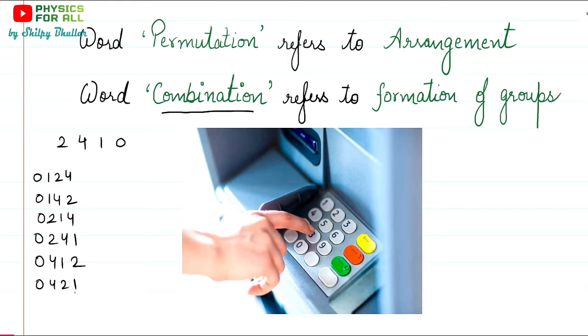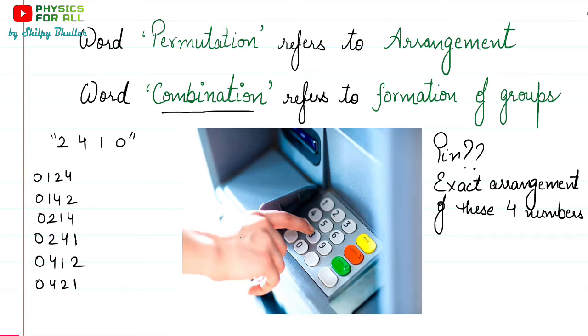He only knows the 4 digits. So these 4 digits given are just a combination of 4 numbers. But what is the actual pin? That could be anything. We don't know the actual pin. That would be some exact arrangement of these 4 numbers, and his friend has to guess.